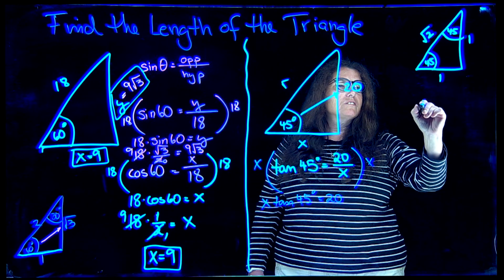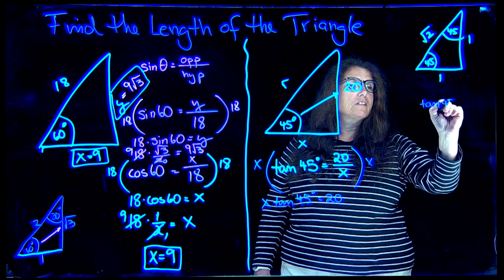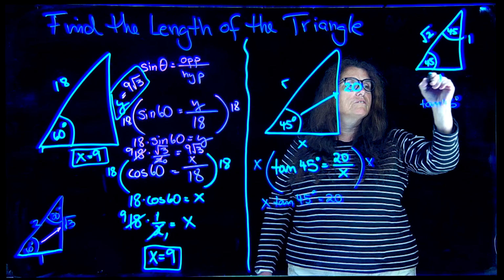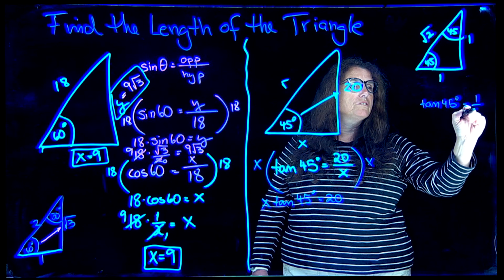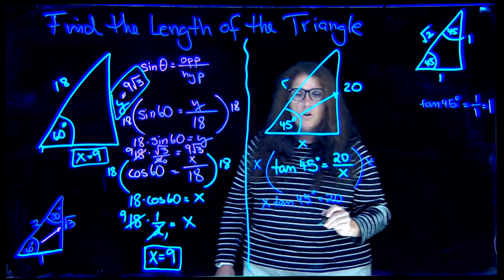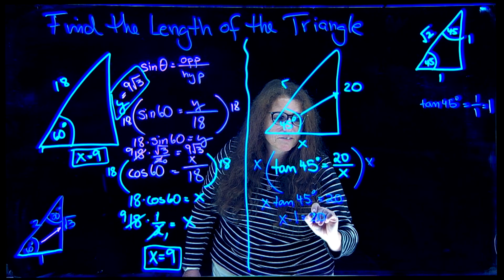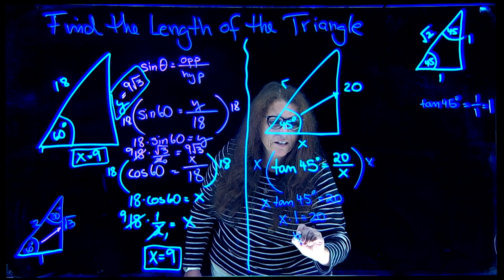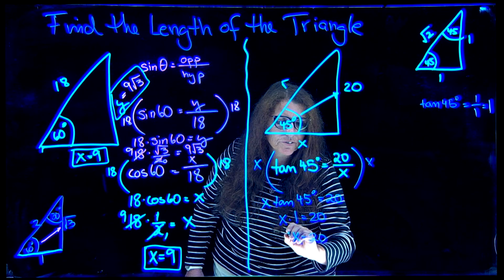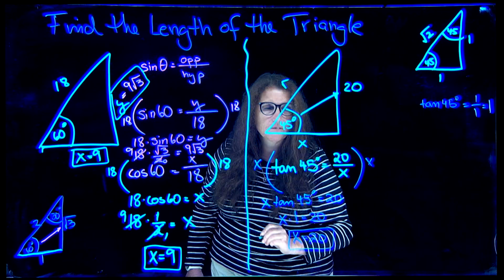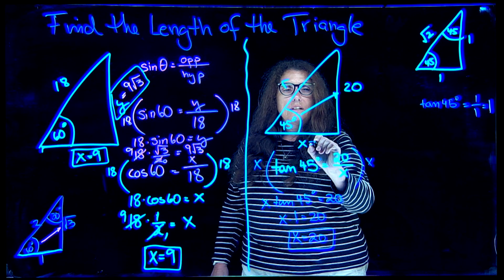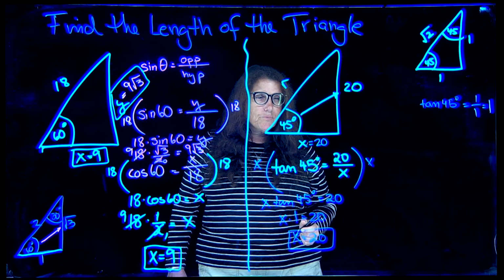The tangent of 45 degrees is opposite over adjacent, so in this case 1 over 1, which is 1. So x times 1 equals 20. I don't really have to write the 1, but that means that x is equal to 20. There you go. Beautiful. Okay, x is 20 units.